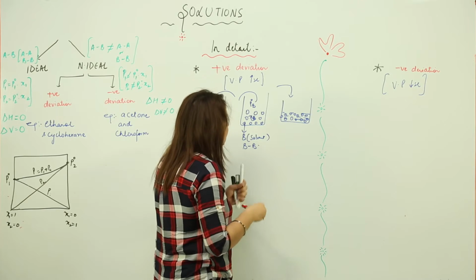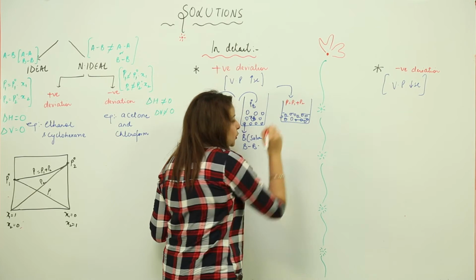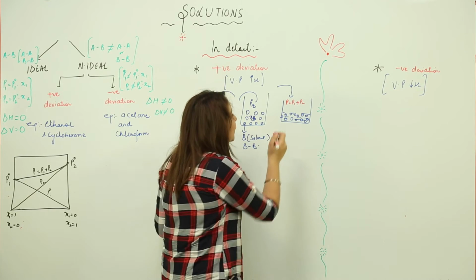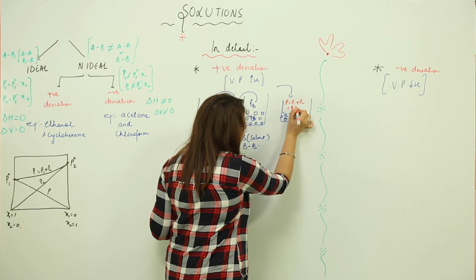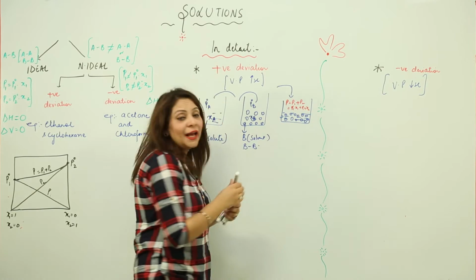In this case the total pressure is equal to P1 plus P2, because both are volatile, right. So that means it is equal to P1 naught into X1 plus P2 naught into X2. It should actually happen like that.